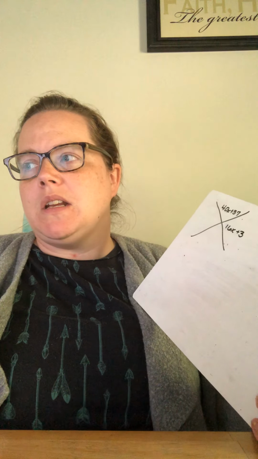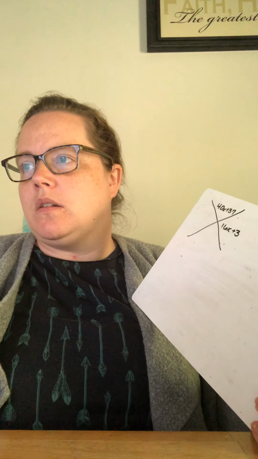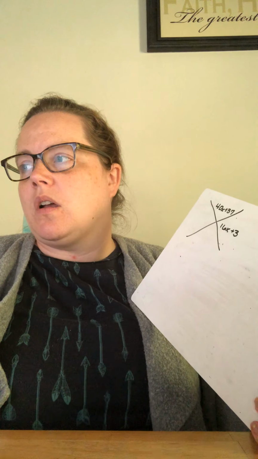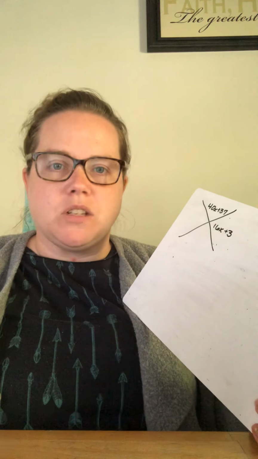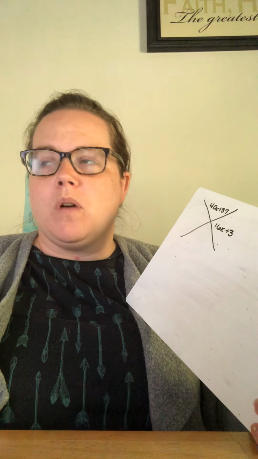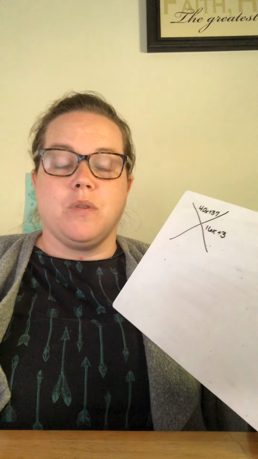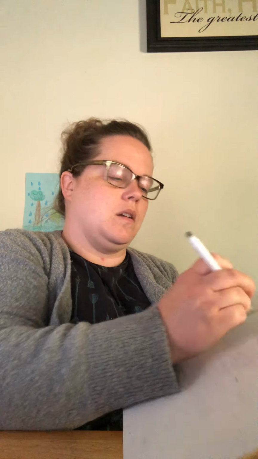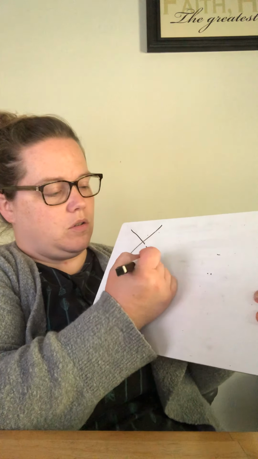For 19 through 21, or I'm sorry, 24, 19 through 24. Just look at the information you have. For number 19, we've got vertical angles.